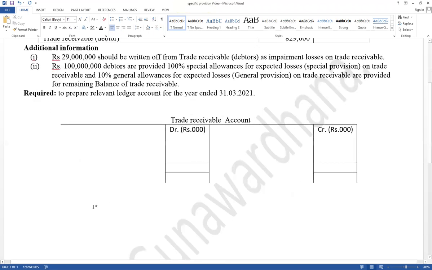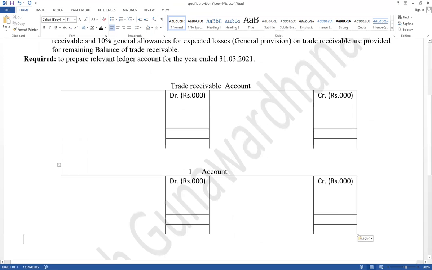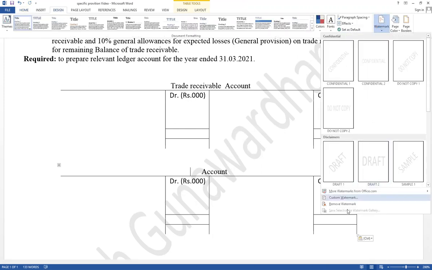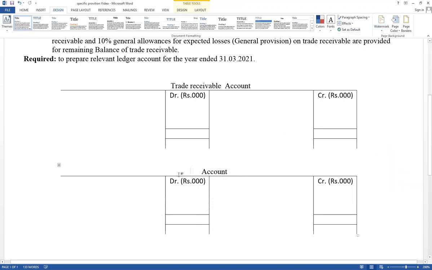Impairment loss on trade receivable is equal to bad debts. Impairment loss on trade receivable, as well as expected losses on trade receivable.